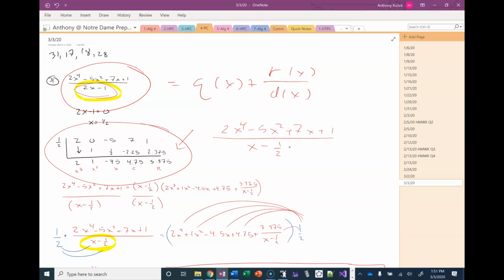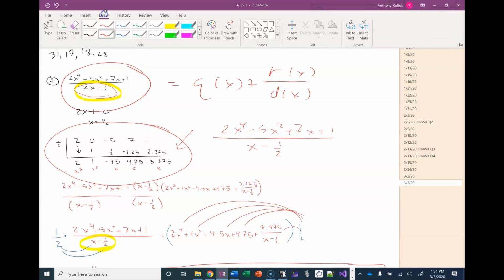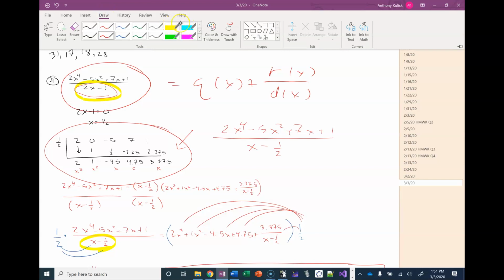So how do you know it really? Does this always happen? Only when we had a leading coefficient in our divisor that wasn't 1.